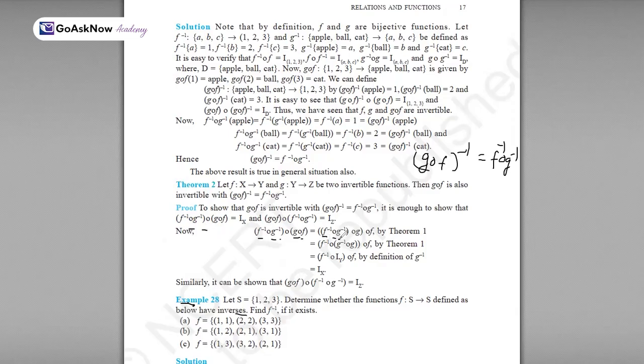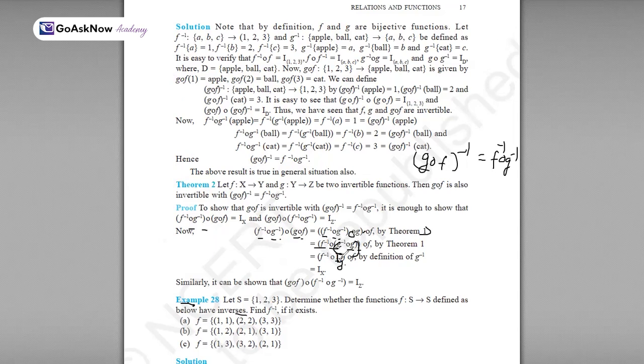f inverse o g inverse o g o f. By theorem 1, you take it as f inverse o (g inverse o g) o f. If you further simplify it, you will get f inverse o (g inverse o g) o f. And g inverse o g is equal to I_Y, the identity function, if you have studied that.